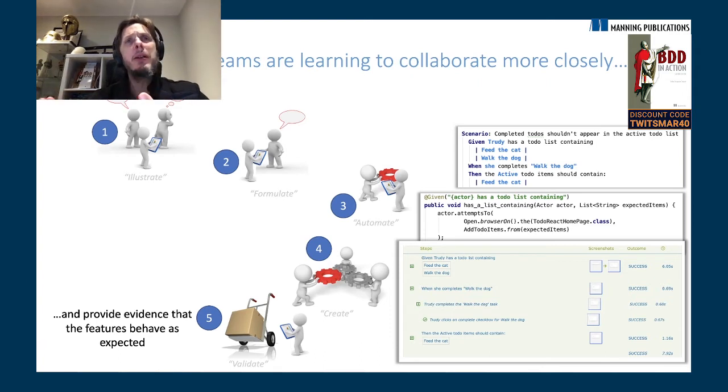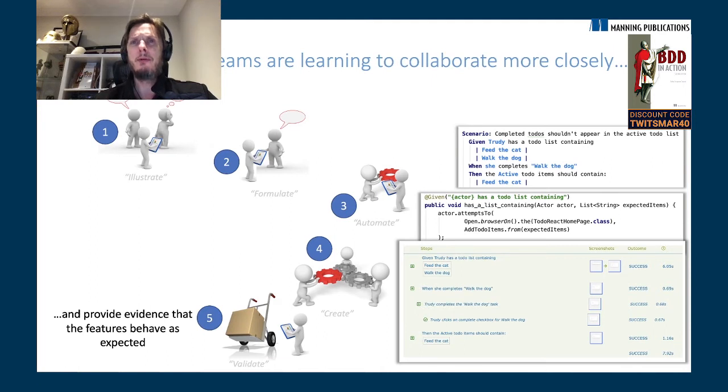You end up with requirements in an executable format that look very much like the requirements you agreed on in the first place, but they reflect the software that was built, not what was expected to be built. There's no difference between the requirements on one side and the actual executed results on the other, so you know that what was built corresponds to what you're expecting. That's essentially what we try to do in behavior-driven development.